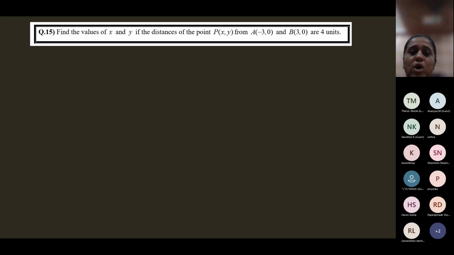So PA and PB are both equal to 4 units. Given this, you need to find the values of x and y.